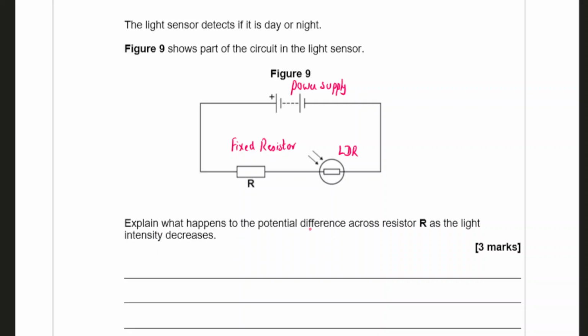Explain what happens to the potential difference across resistor R as the light intensity decreases, so when it gets darker. So when it gets darker, when the light intensity decreases, you want the light to switch on, right?